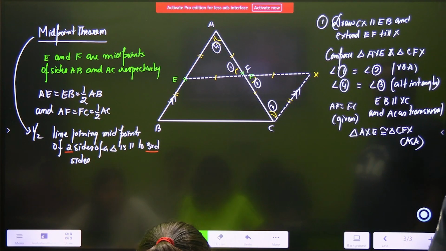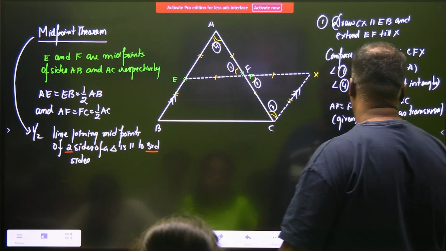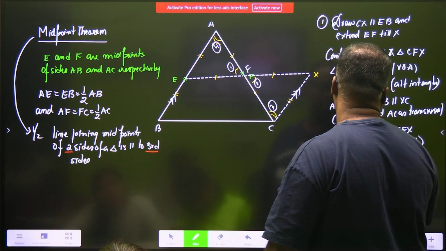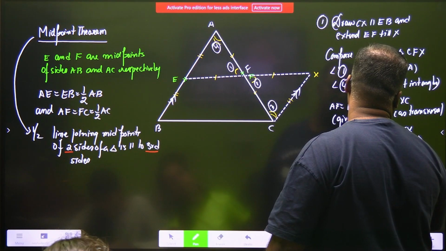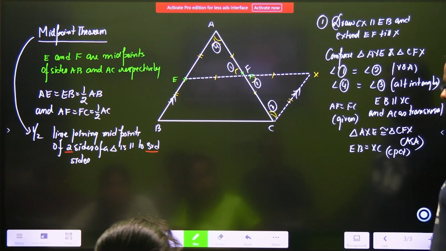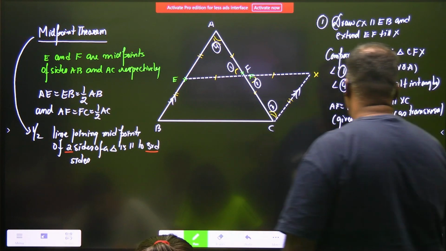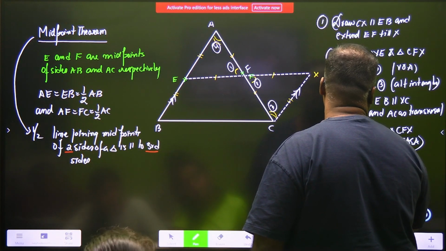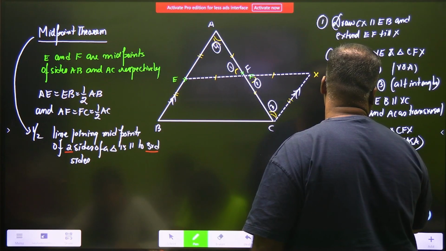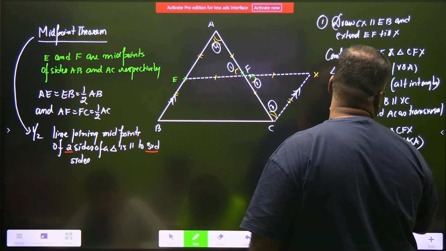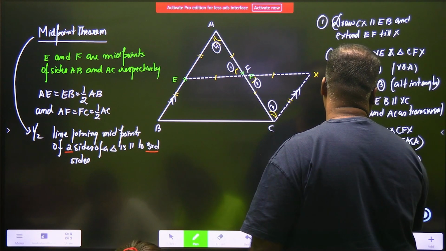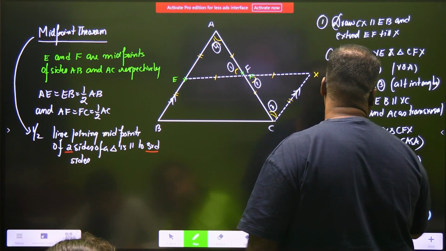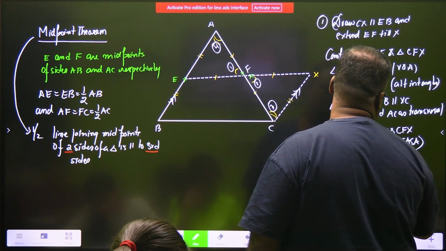Clear? If that is the case, then I can first say EB is equal to XC by CPCT, right? And you already have EB parallel to XC by construction. Therefore, I can write EXCB is a parallelogram.